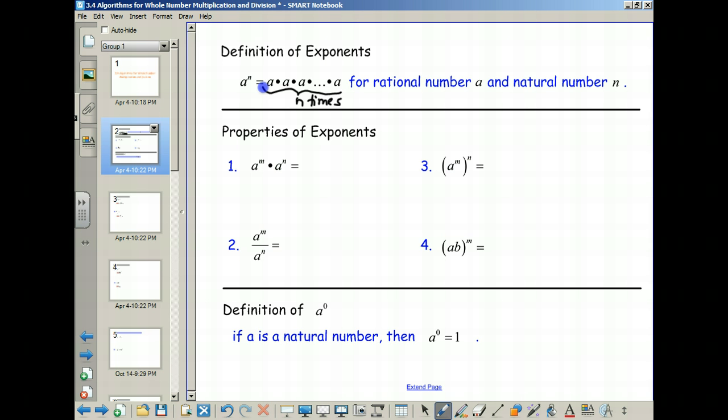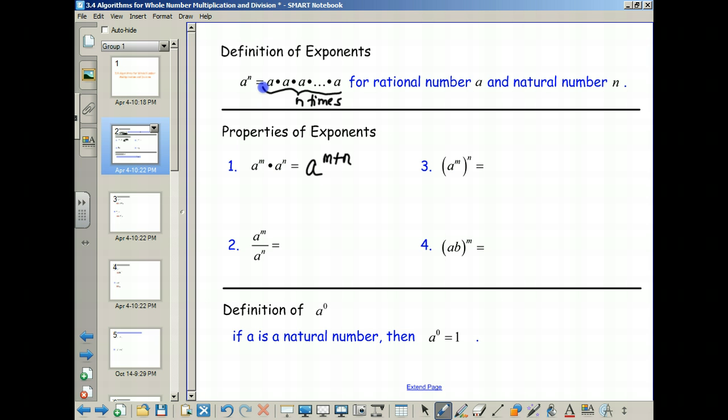This is an abbreviated list of properties, because we're only doing whole numbers. Do you guys remember what happens when you have two values of the same base that are multiplied together? You add the exponents. I'm going to show you the line for it in a minute, but you do add the exponents.